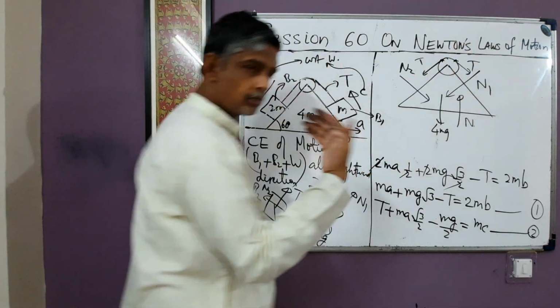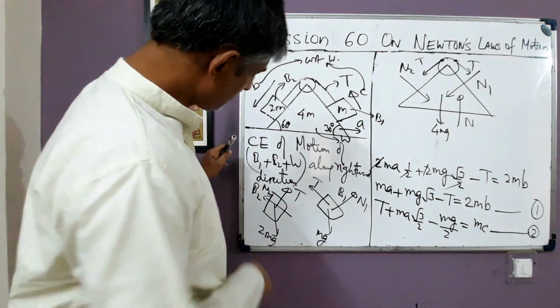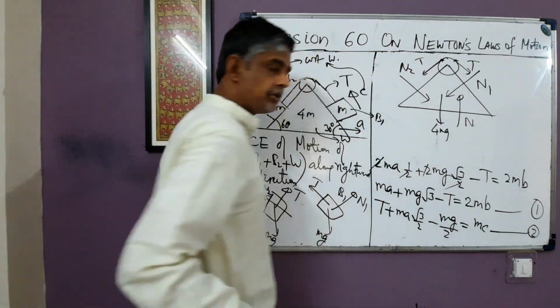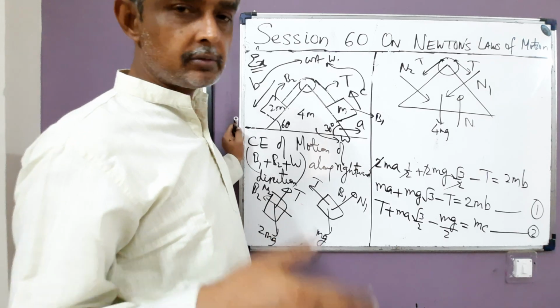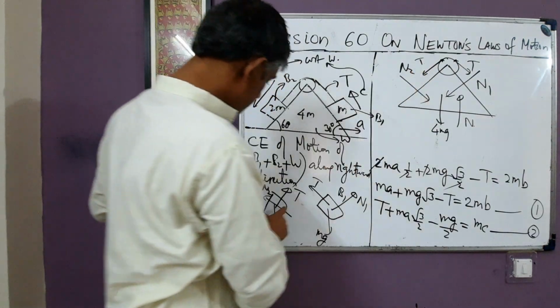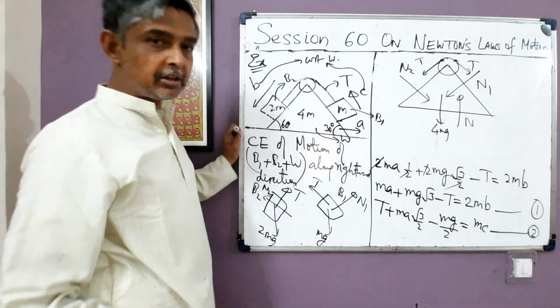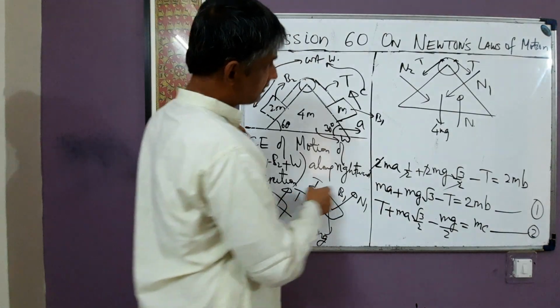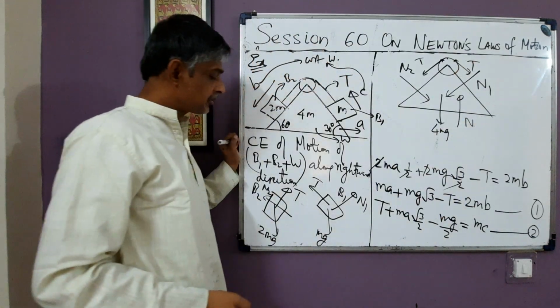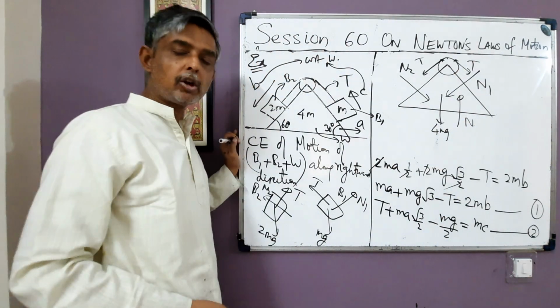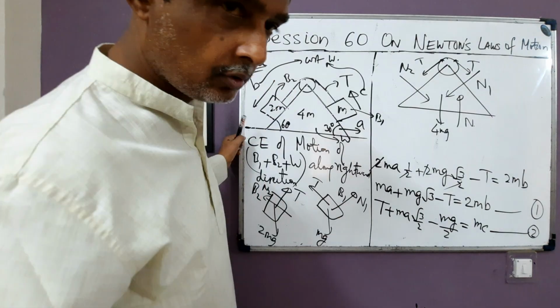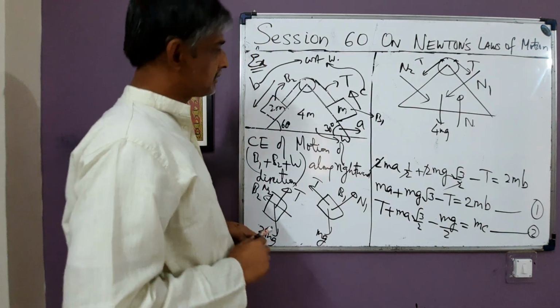N1 internal force, gone, it will not appear in combined equation. N2 internal force, gone. This T and this T, internal forces, gone. This T and this T are also internal forces between the block and the wedge, gone.